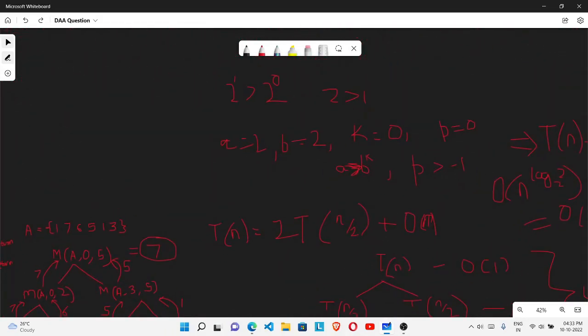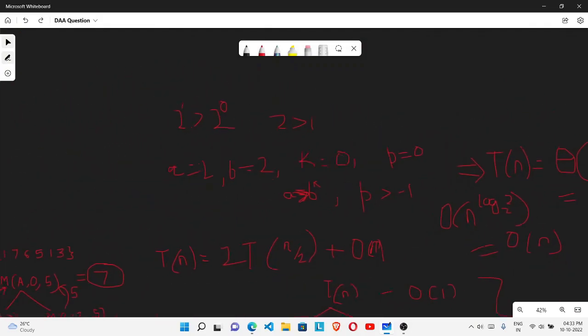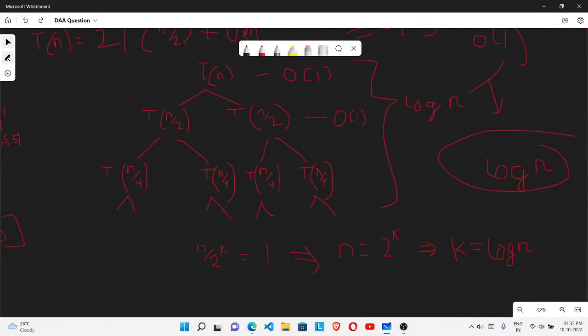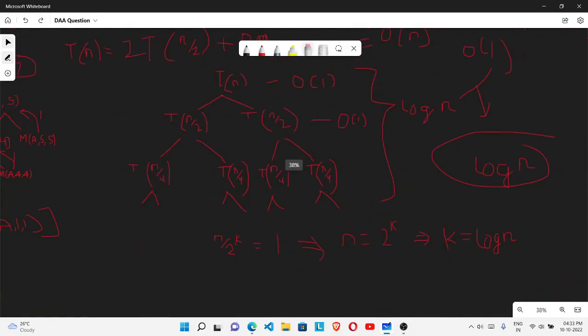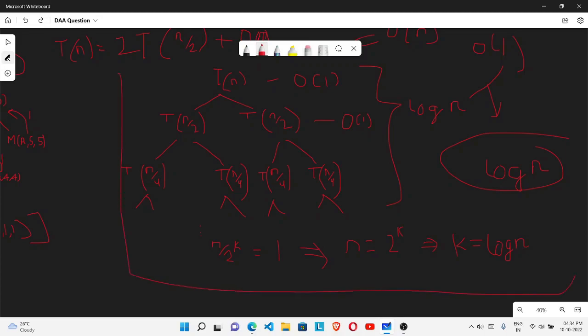Okay, anyway, the answer that we got from master theorem is linear. Recurrence tree, I don't know what I have done over here. Just don't consider this. It's wrong. We can erase this whole thing. Anyway, just ignore this part, it's not correct.